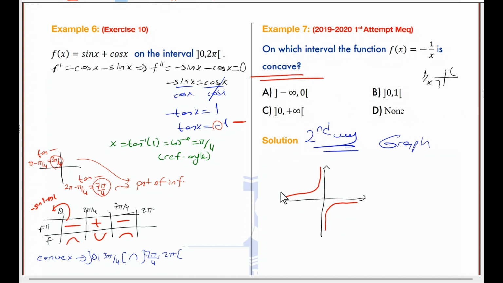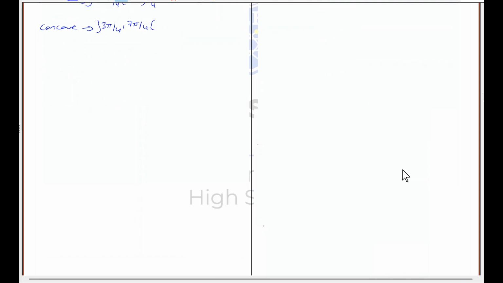This part is opening up, that part is opening down. So this part is the concave part. What is the concave part? From negative infinity to 0.